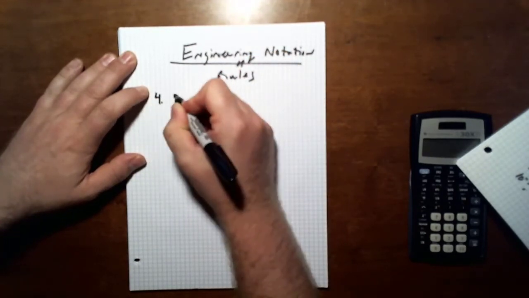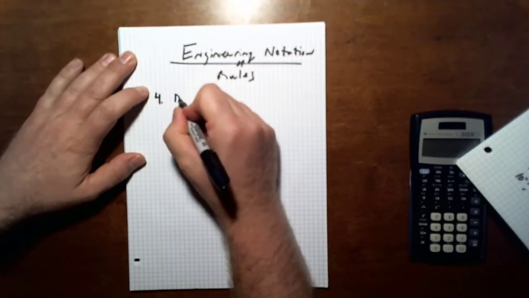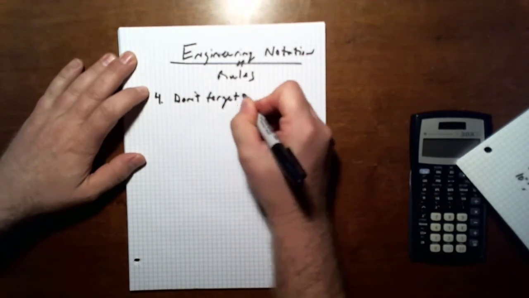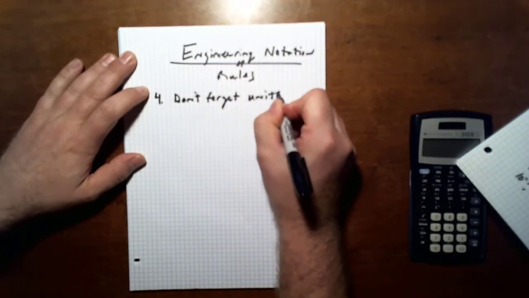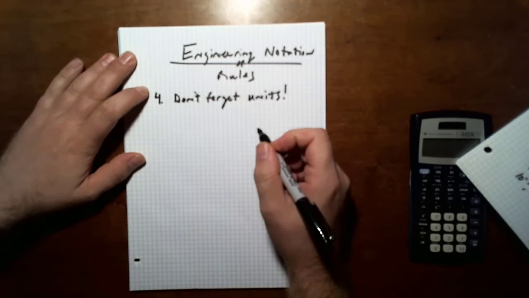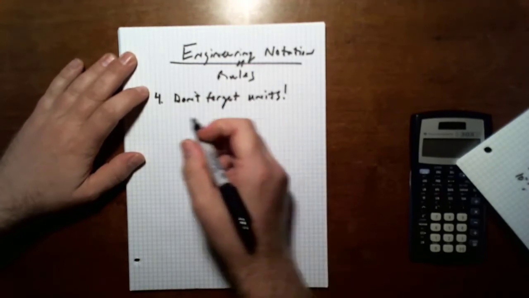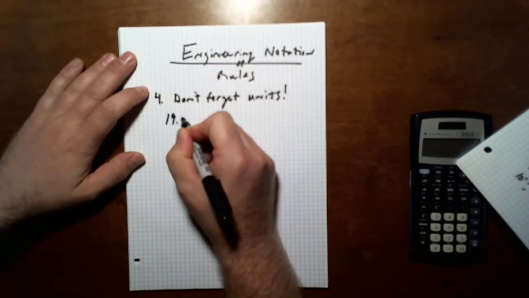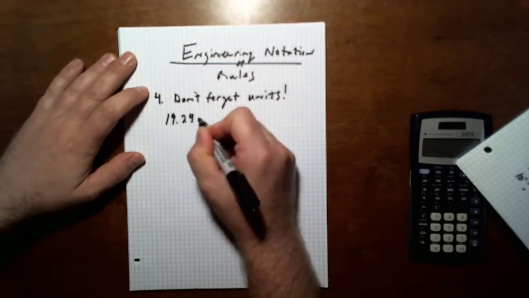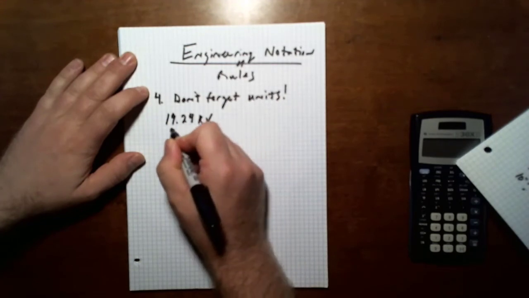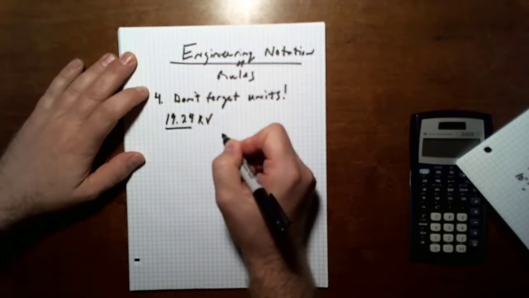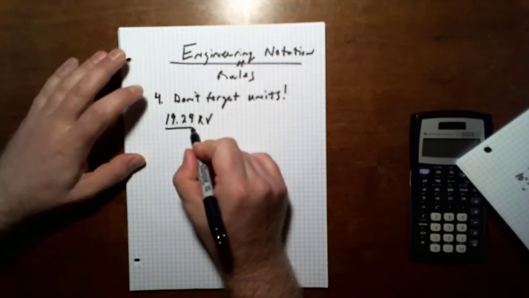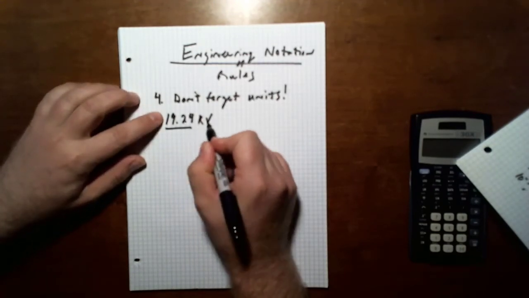Rule number 4, don't forget your units. You can't just have 19,243 something. We'll have 19.24 kilovolts. The rounding is important. Getting the numbers right, we'll talk about how to choose that in a second.